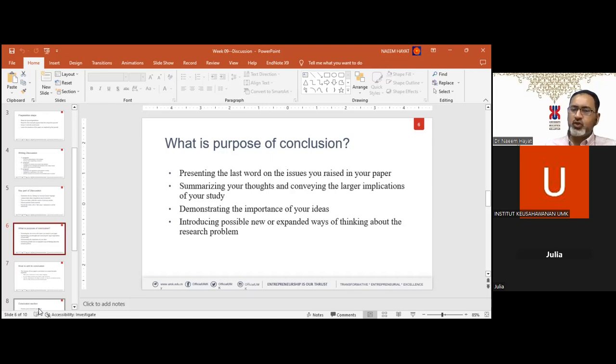It is first of all the closing of your paper. We need to summarize our understanding and our thoughts with a larger implication. We need to justify the importance of our idea presented in the paper. And we must introduce some future way of action or thinking to solve the research problem.